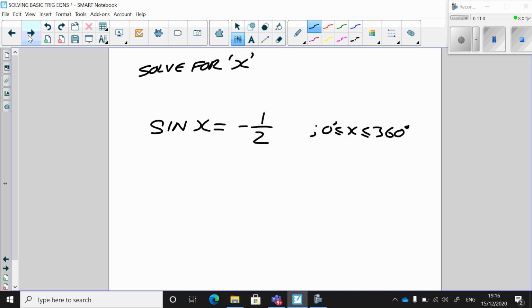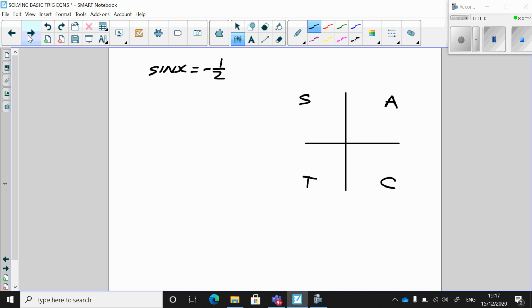So let's go for this one. Right, looks kind of similar. Where does sine x equal negative half? Sine x equals negative half, right? So let's get our quadrant check up here. Sine x is negative a half. So that's the question.